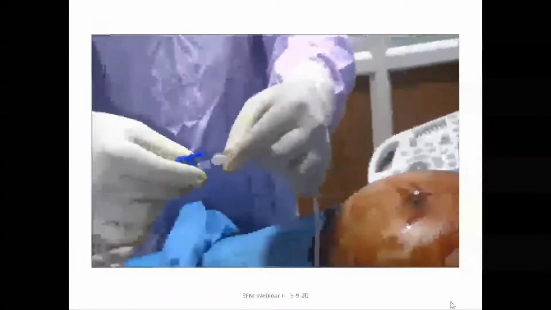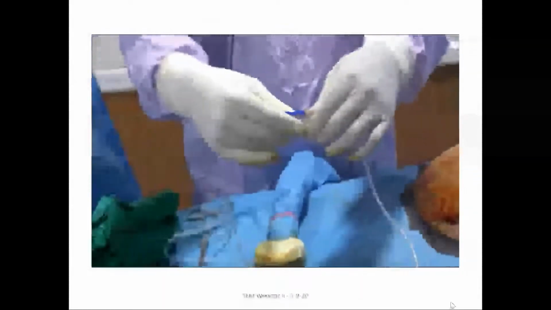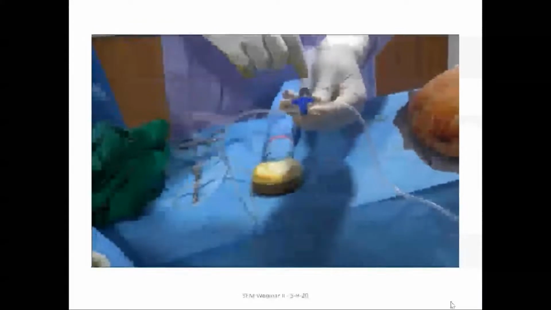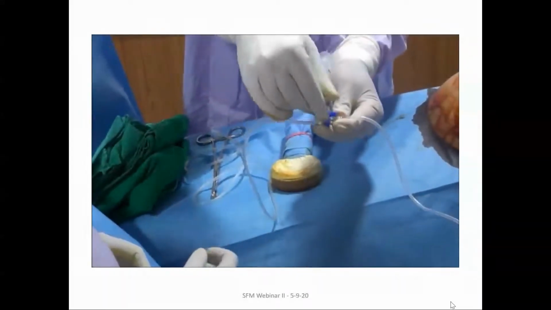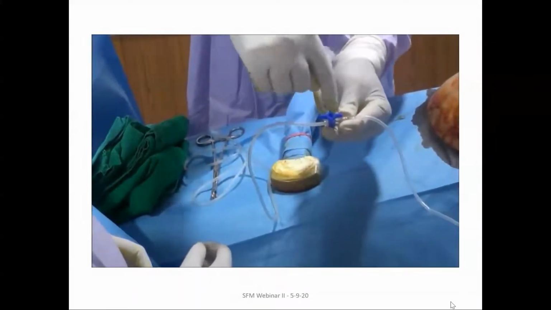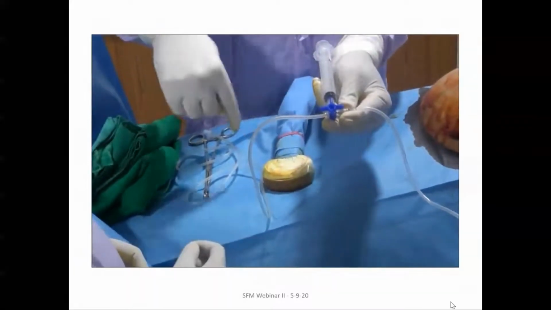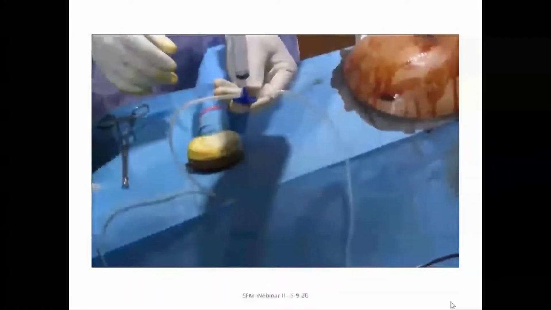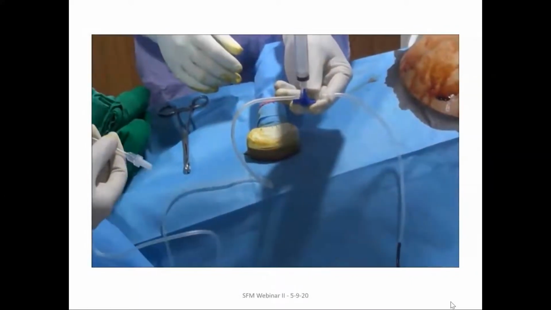The other end of this goes into the 3-way extension, and you can see that the other end of the 3-way is connected to the line that would go to the fetus, and the third part is connected to the 10 milliliter syringe to which you would draw the fetal blood.